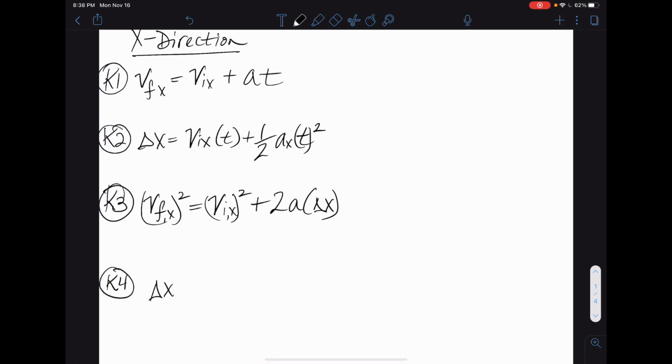Delta X is equal to 1/2 times VFX plus VIX, times T.